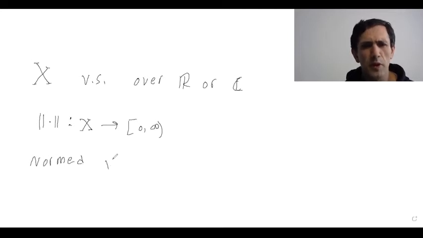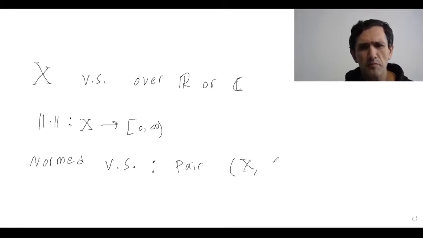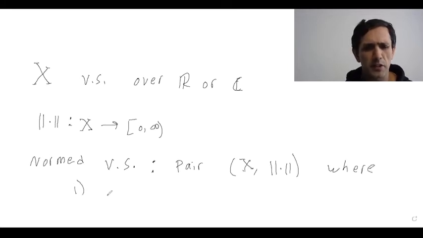So a normed vector space is just a pair, a vector space, and this function here satisfying the following three conditions.